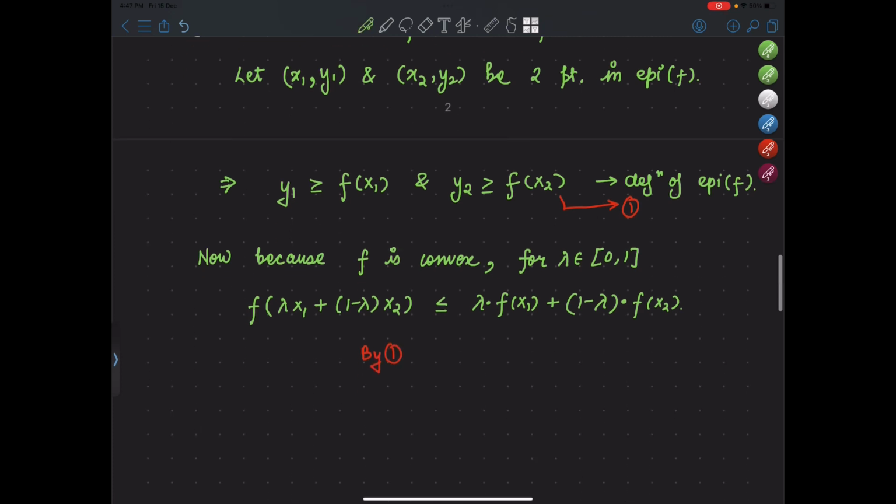Now by 1 we can write this as f(lambda x1 plus (1 minus lambda) x2) is smaller than lambda y1 plus (1 minus lambda) y2. Correct?